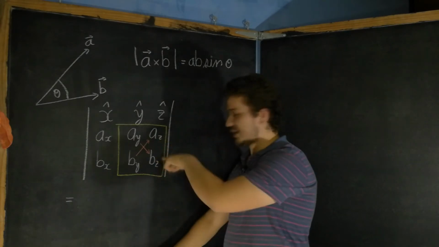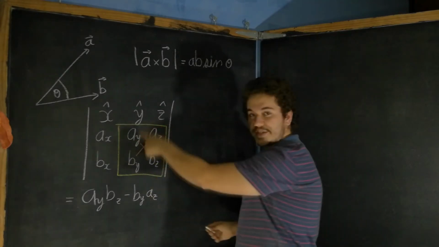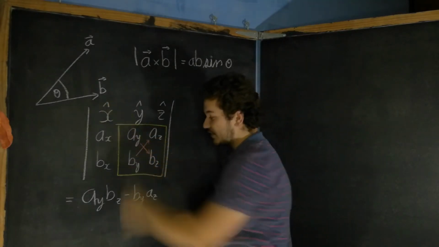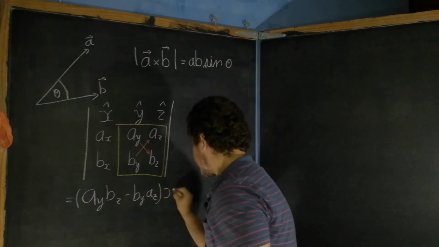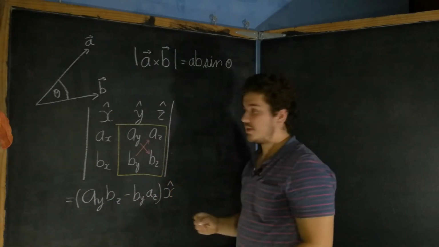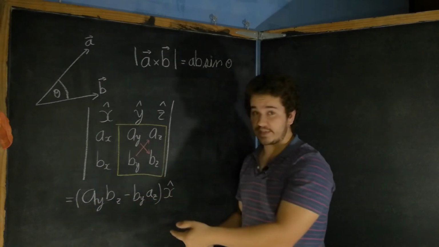Okay, so I'm going to write this down. This mini matrix is all for the first component, so we product it in the x direction. So this will be the x component of our new vector.